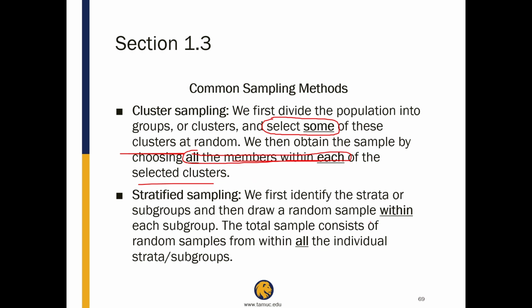On the other hand, stratified will use all of the groups, but only pick some of the ones within each of the groups. So every group gets a little bit used in stratified sampling, but only to a certain extent because we randomly choose within each. Versus the cluster sampling, where we choose everything within the selected groups.